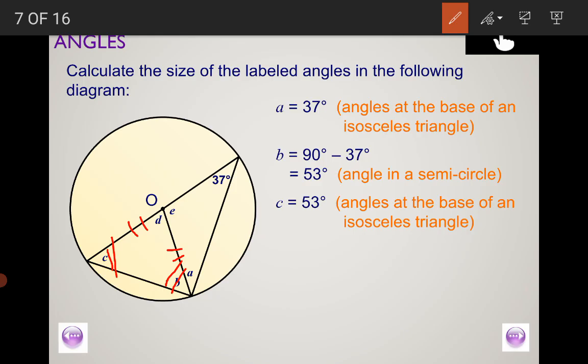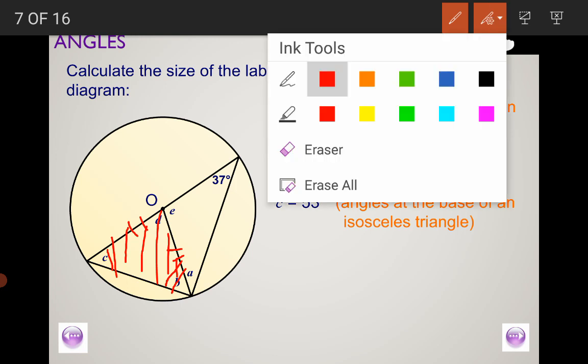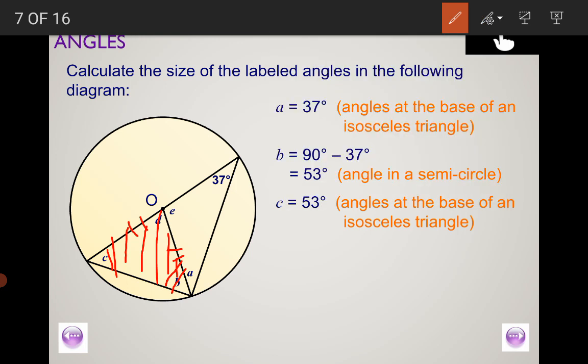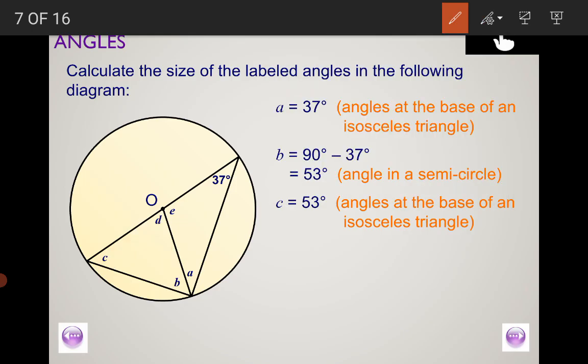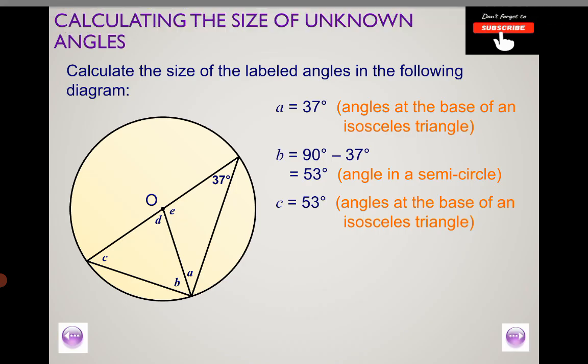So if we know B, it means we also know C. These are angles at the base of an isosceles triangle. Which triangle are we talking about? This triangle here. It has equal sides, so it is isosceles. Therefore, this angle here is equal to this angle there. So without much ado, angle C is also 53 degrees.